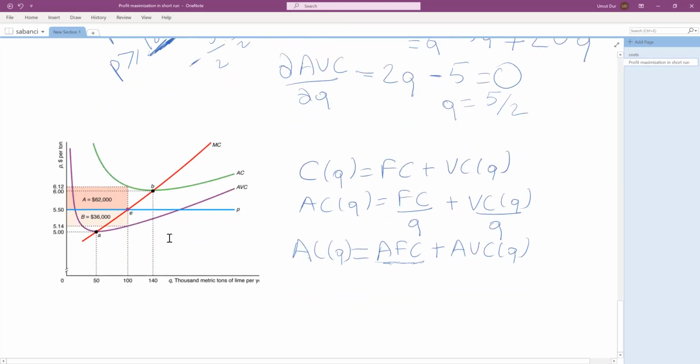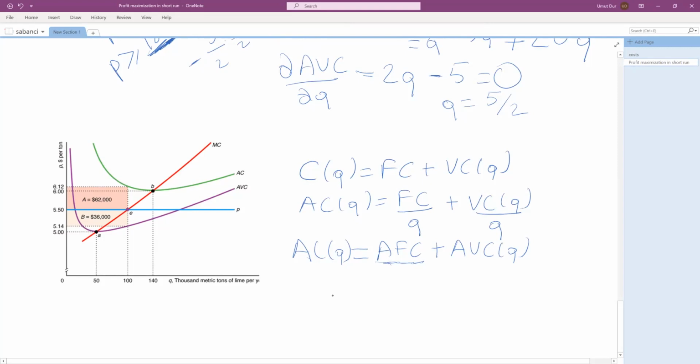I am given the price level in the market. Okay, so this blue line is given and it is fixed. I'm not changing anything here. So my quantity decision will not affect the price level of the market.